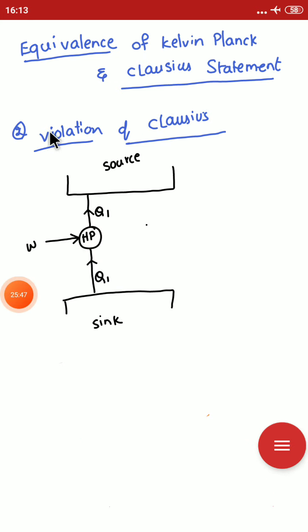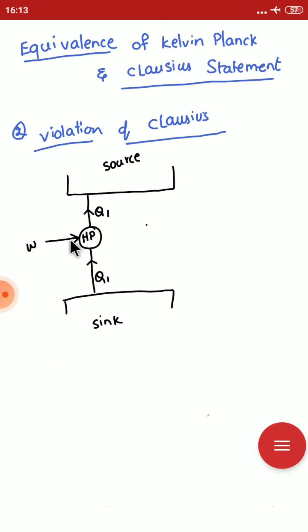Now I am considering that the violation of the Clausius statement leads to the violation of the Kelvin-Planck statement. First we consider this as a heat pump. According to the Clausius statement, the transfer of energy as heat from the low temperature body to the high temperature body is possible only when an external work input is present.